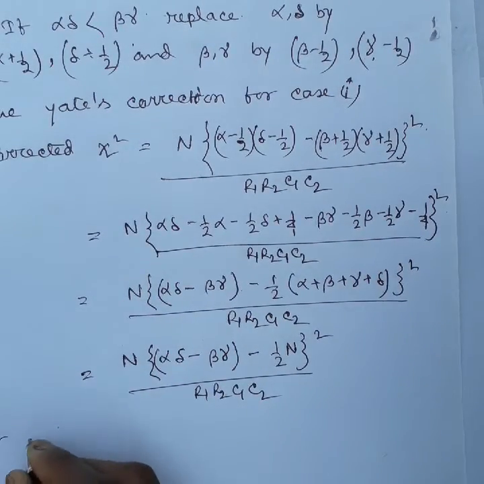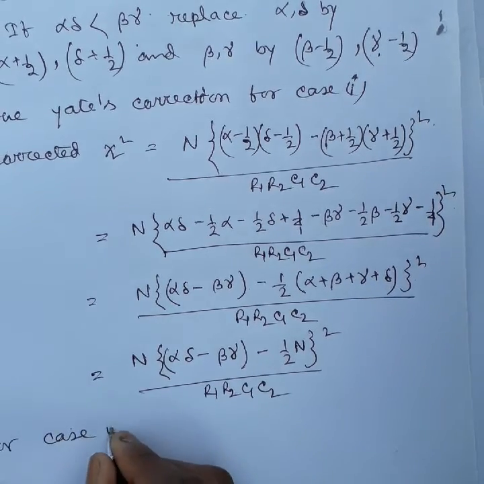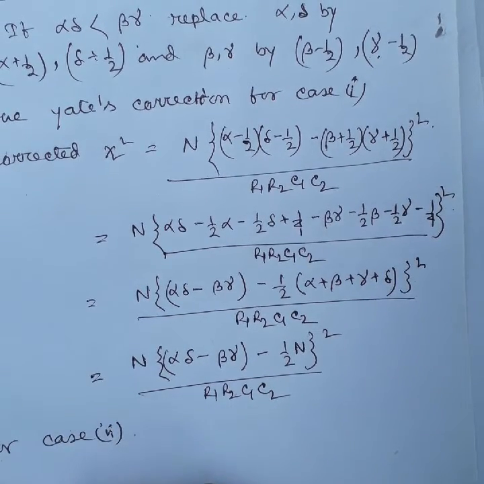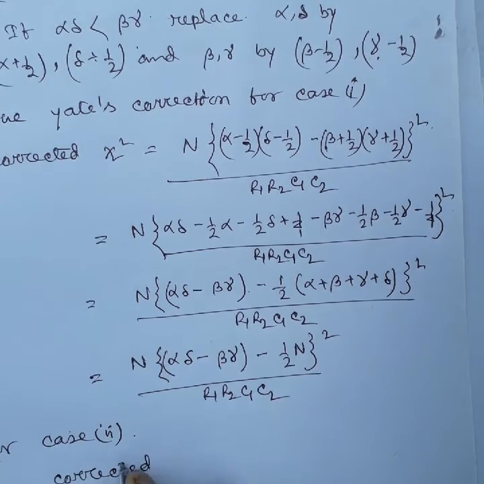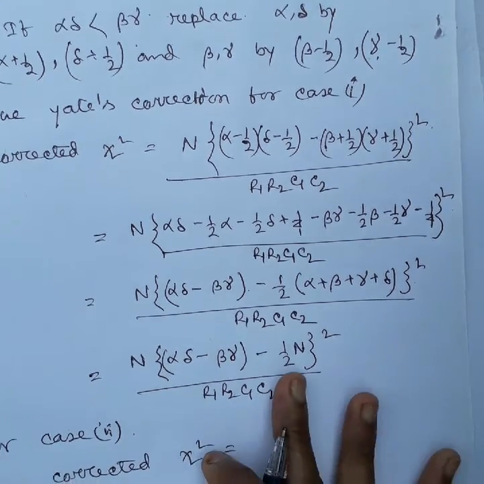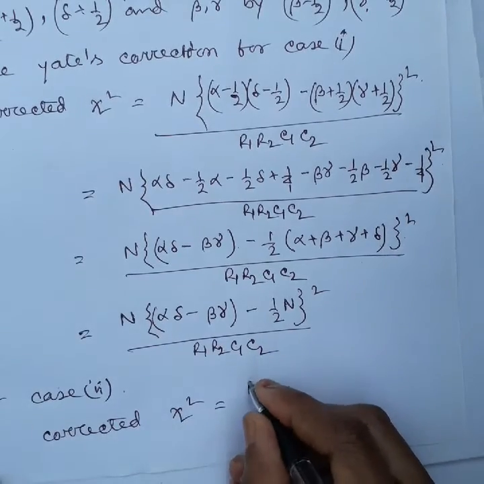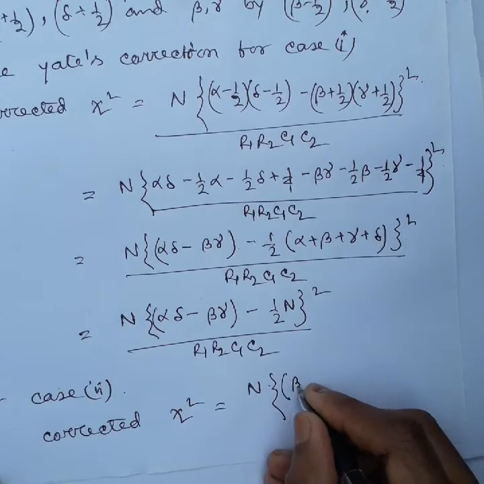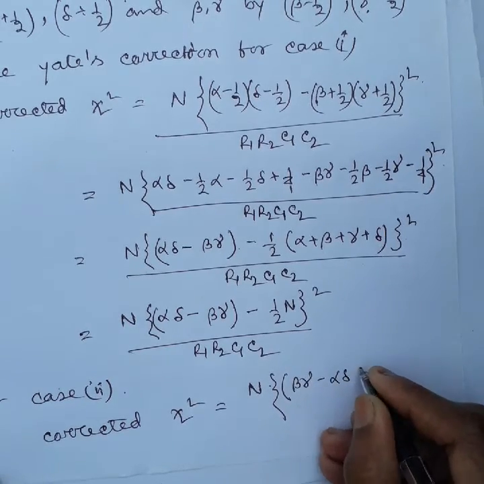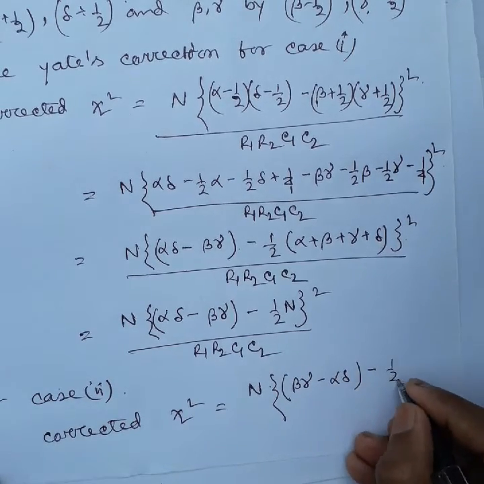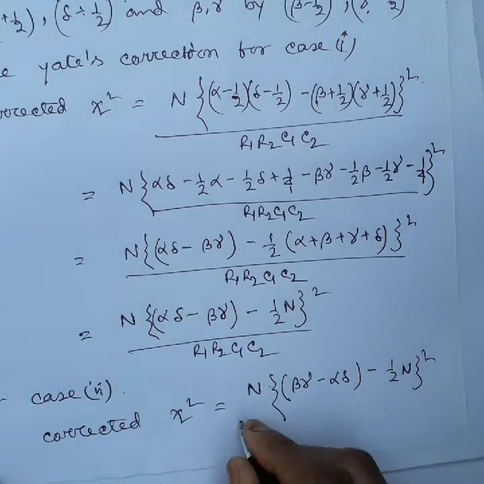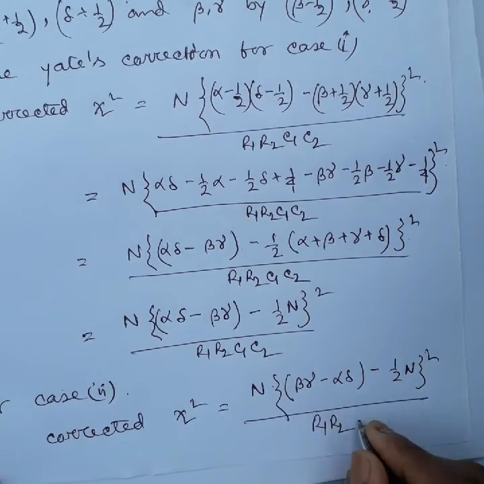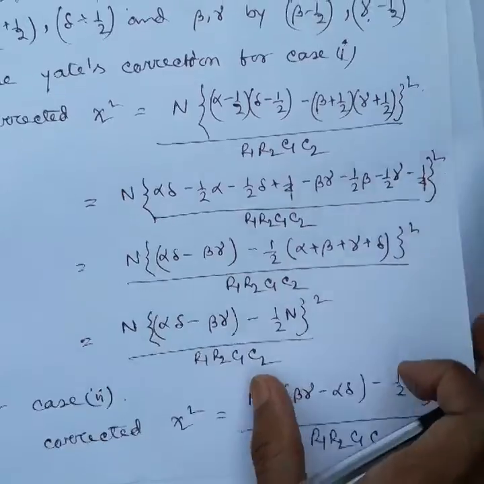And for case 2, corrected chi-square is equal to, this will be the same, just it will change here, beta gamma minus alpha delta minus half of n, whole square by R1 R2 C1 C2.